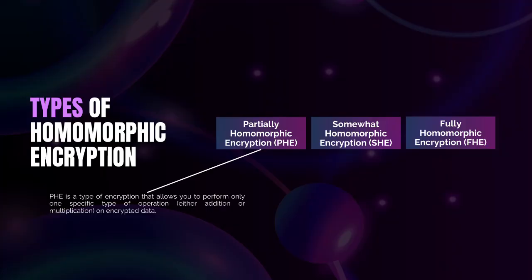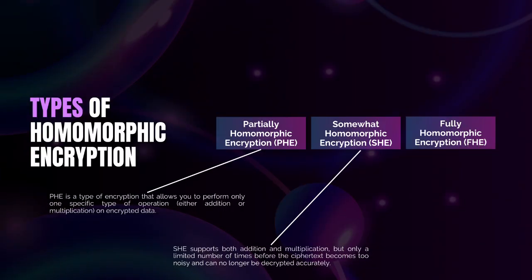With partially homomorphic encryption, we can only perform one type of operation on the encrypted data. So you can either add or maybe multiply, but we can't do both on that data. Think of it like having a calculator that has only add or multiply, just one of those two, but you can't do both at the same time.